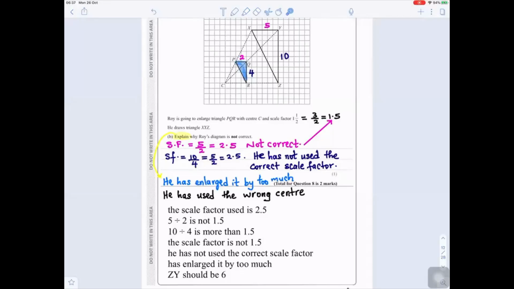Question number 8, part B. Roy is going to enlarge triangle PQR with center C and scale factor 1.5. He draws triangle XYZ. Explain why Roy's diagram is not correct.